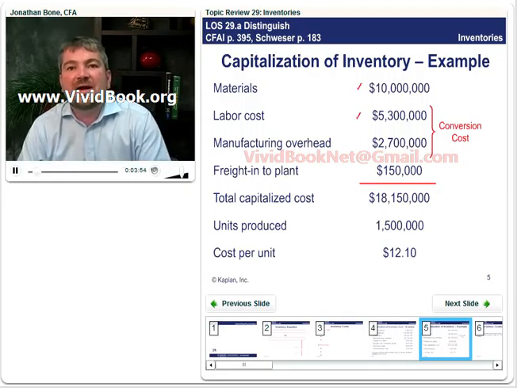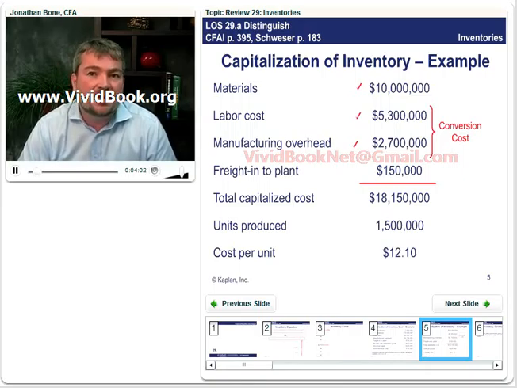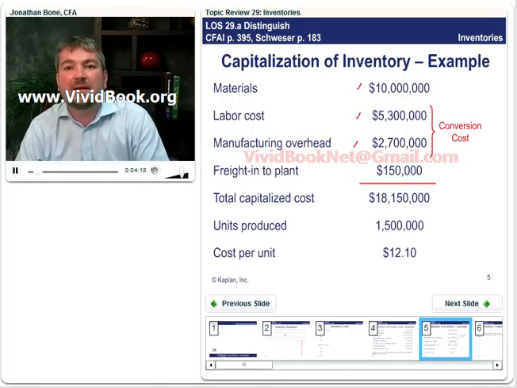The manufacturing overhead, and notice labor cost and manufacturing overhead we refer to as our conversion costs. As long as they're the standardized amounts and don't include any overruns, they can be included. Remember, we can include any costs of getting our inventory into its current location and condition, so any freight in, any cost of receiving the materials into your plant, can be included.